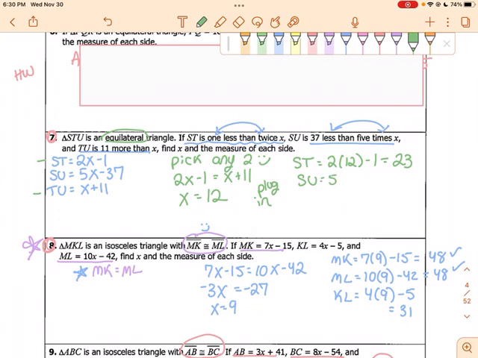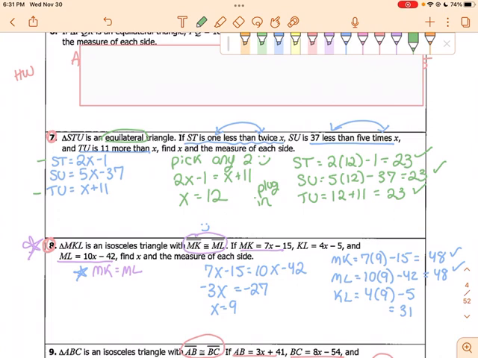So 2 times 12 minus 1 is 23. SU is 5 times 12, which is 60, minus 37 is also 23. And then TU is 12 plus 11, which is also 23, which is good because it's equilateral. We wanted them all to be the same.